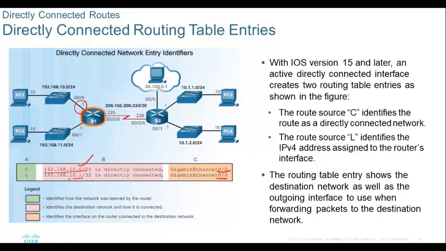You will see this only from IOS version 15 onwards. In the older versions, when I was learning, when I was like you, I never saw L in the routing table. I saw only C, O, D, B. I never saw L because in those days it was version 12.0, 12.1.